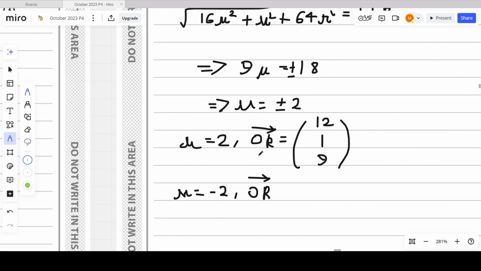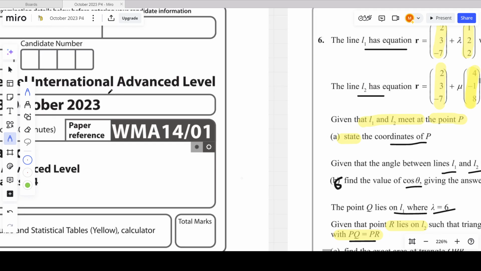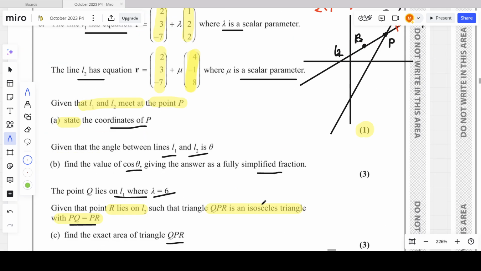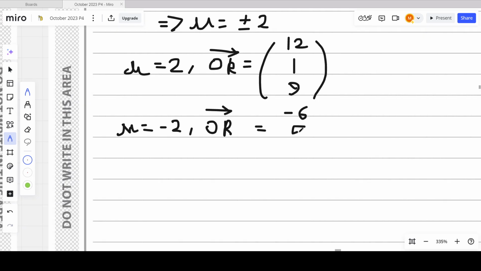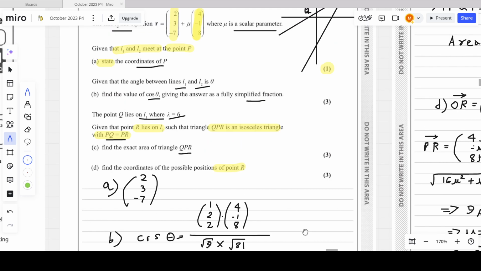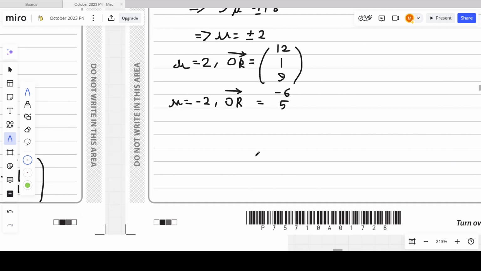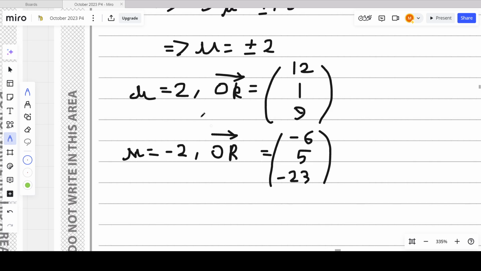The j component would be 3 plus 2, that is positive 5. And then negative 7 minus 16, that is negative 23. Just substitute the possible values we got for mu, and you will get the position vector of R.